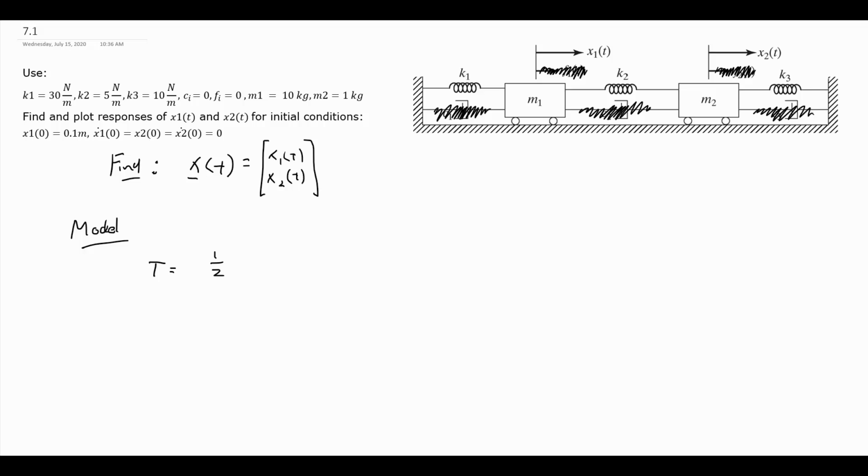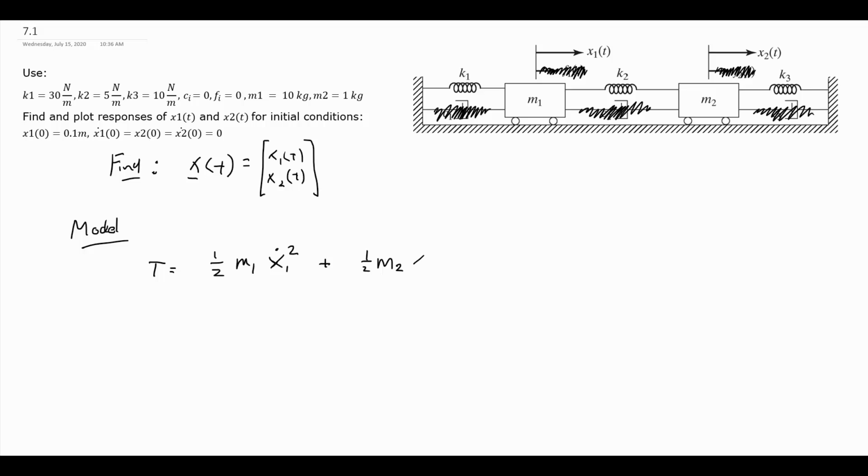So in our kinetic energy, if we look at m1, it's going to be 1/2 its mass times its velocity. Velocities are always going to be absolute here, so it's going to be x1 dot squared. And then the second mass has a kinetic energy 1/2 mv squared.